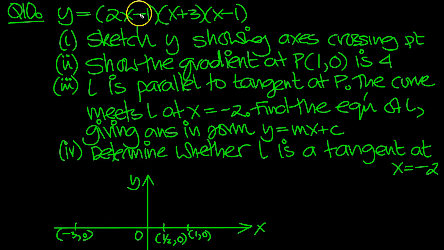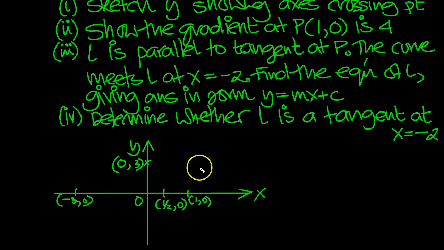3 times minus 1 times minus 1 is 3. So this cutting point is at (0, 3). And that's that point there. So I'm going to do a dashed line for the sketch because I've got a digital pen, so it's not easy to draw a smooth straight line.